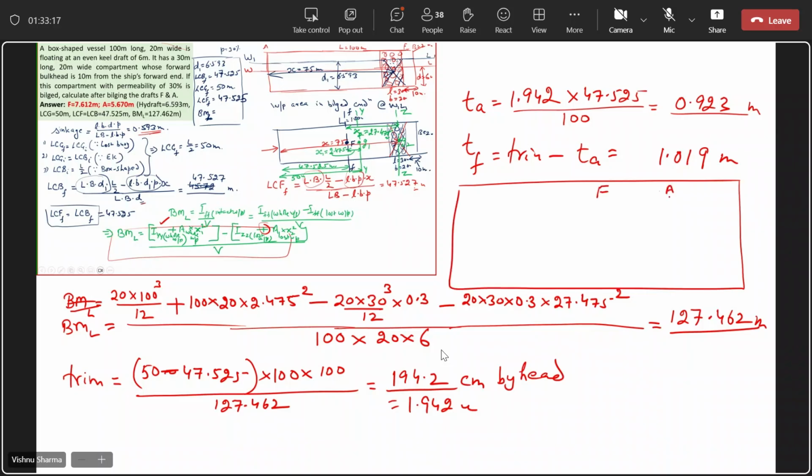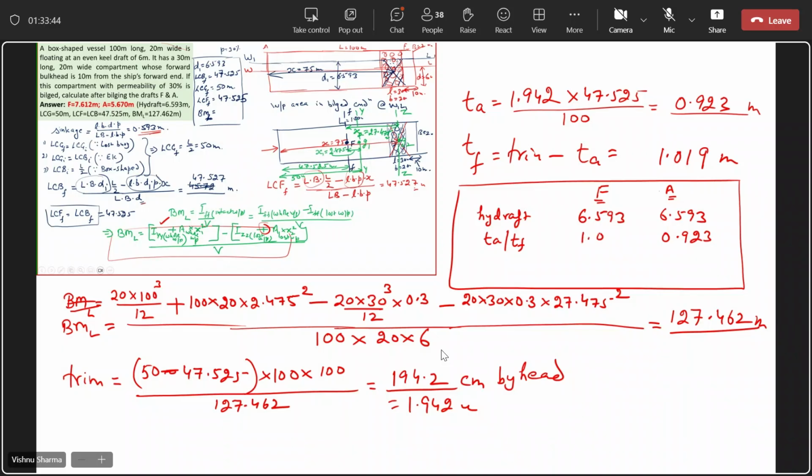Forward, aft. What is, you can call it height draft, or you can call it whatever you want to call it. Height draft is D1, 6.593. TA, TF. Please be careful. TA should go under aft. This is another area of mistake.